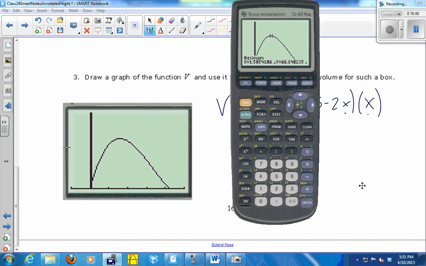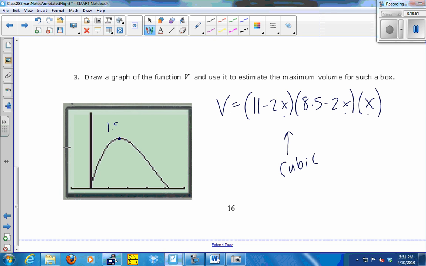And it looks like x is 1.58, y is 66.14. Or 1.59, 66.15. Yeah, okay, so those are the coordinates of my maximum.